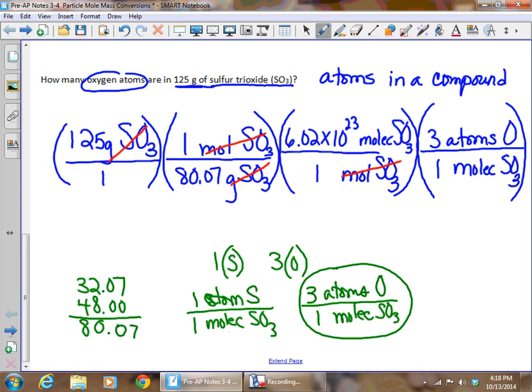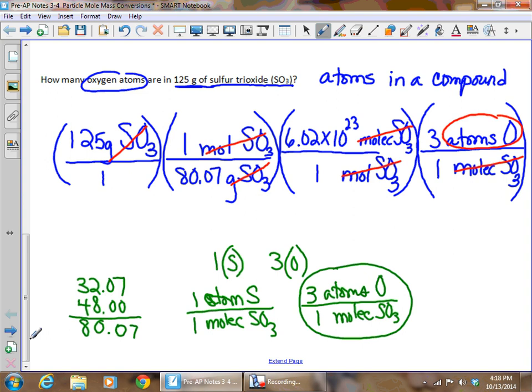That's going to cancel our molecules of SO3, leaving us with atoms of oxygen, which is what we're looking for. Now when we plug this into our calculator, we're going to plug in 125, divided by 80.07, since that's on the bottom, times the 6.02 times 10 to the 23rd on top, times the 3 that's on top.